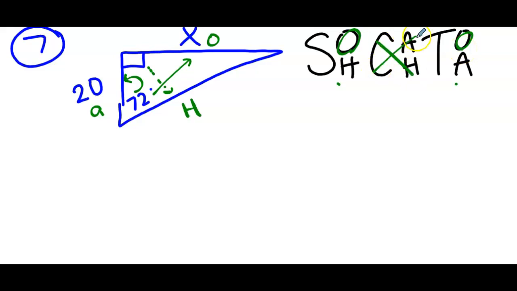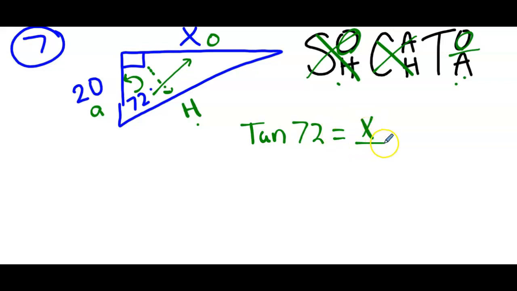So this is out. All right, do I know my hypotenuse or my adjacent for my other piece? Well, I know my adjacent. So opposite divided by adjacent, sine is out. So I'm using tangent. Tangent of my angle is equal to, what's my opposite? X. What's my adjacent? 20.